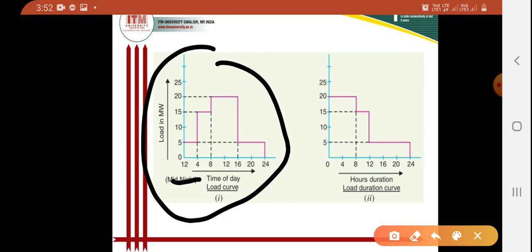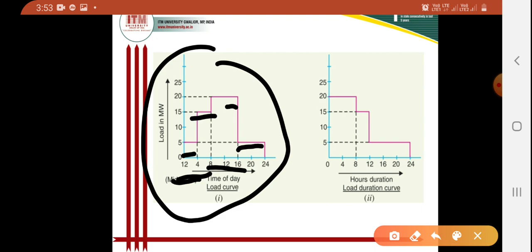Then for the next 4 hours, from 4 to 8 hours, the demand is 15 megawatt, which is plotted. Then from 8 to 16, for 8 hours, the demand was 20 megawatt. Then from 16 to 24, the demand was 5 megawatt again. That is how I have plotted the load curve.